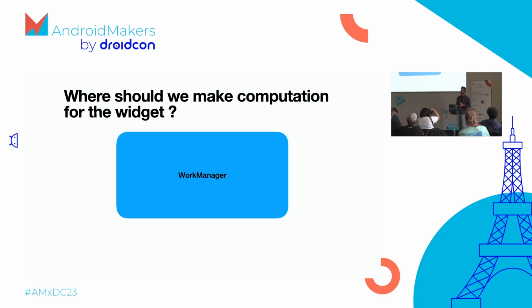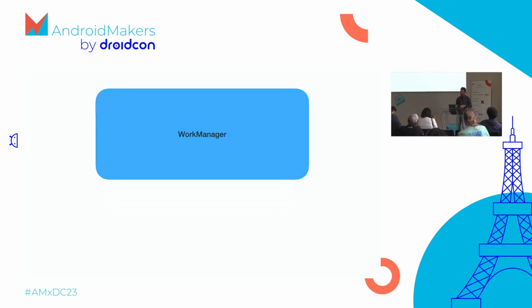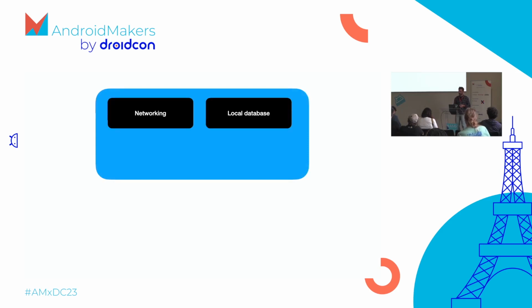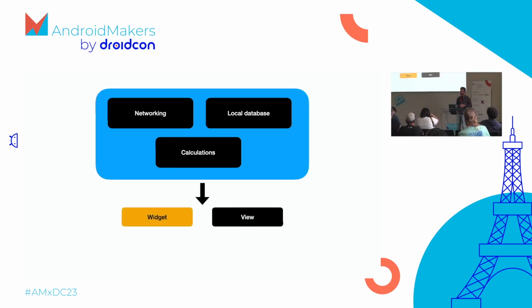Maybe this is because it's still in alpha, but I talked with Google Developer Relations, and the guy that is doing Glance told me that Work Manager is a good fit. So in Work Manager, we can do our networking. We can access some local database. We can do some calculations. And then we can trigger an update to our widget or view.